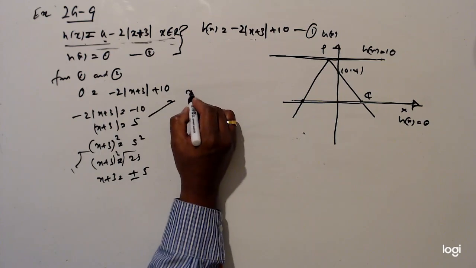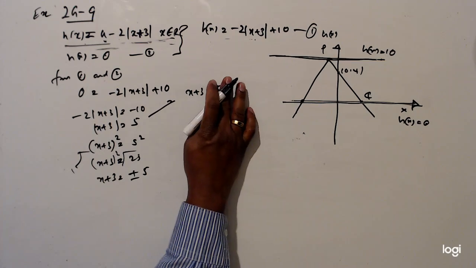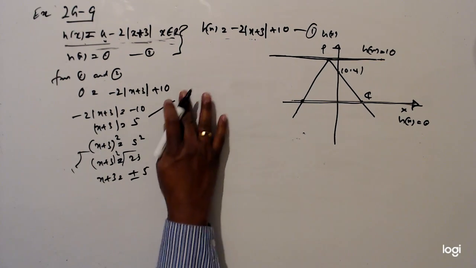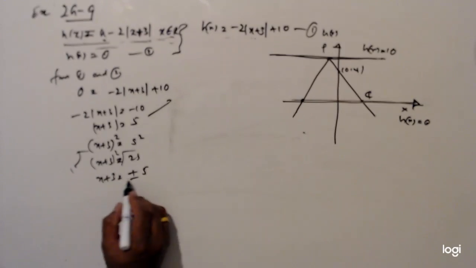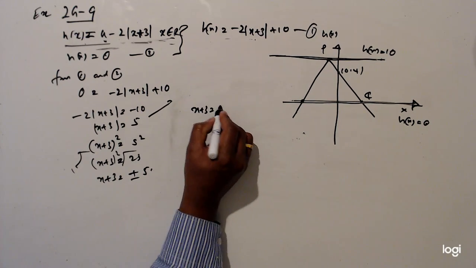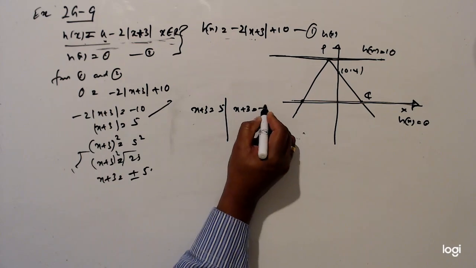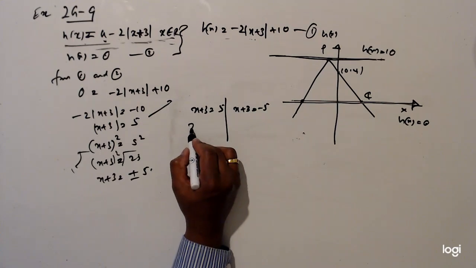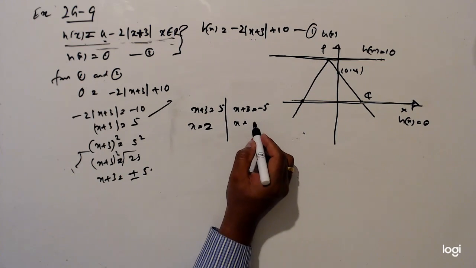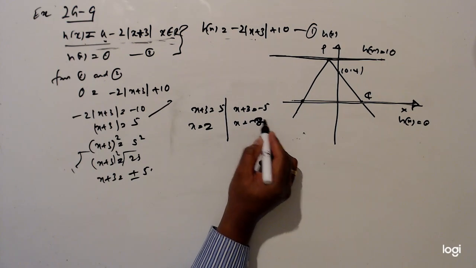You can simply write this one, x plus 3 is plus 5, but let's leave it, it's confusing. So then there are two options, x plus 3 is 5 or x plus 3 is minus 5. So one is 2, another one is minus 8.